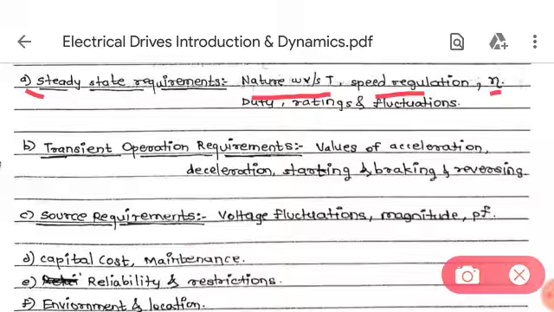Efficiency of operation. What is the duty of the drive? Duty means whether the drive is continuously running, for hours or for days continuously, 24/7. That is continuous duty, or it could be a short time duty, running for a few minutes or up to 1.5 hours, 90 minutes.